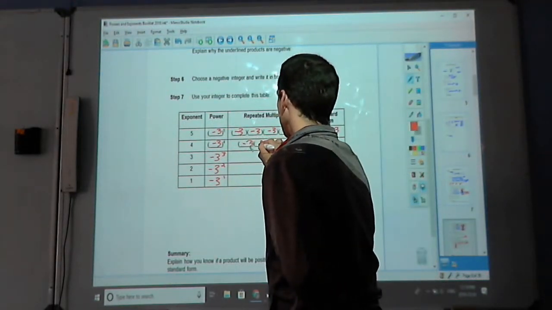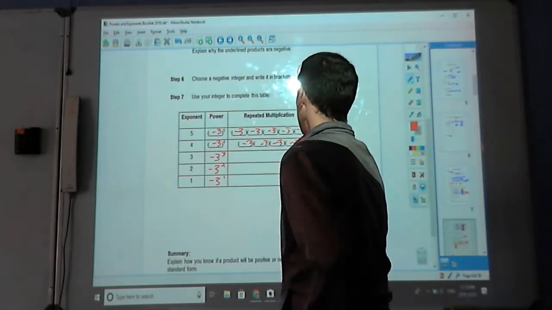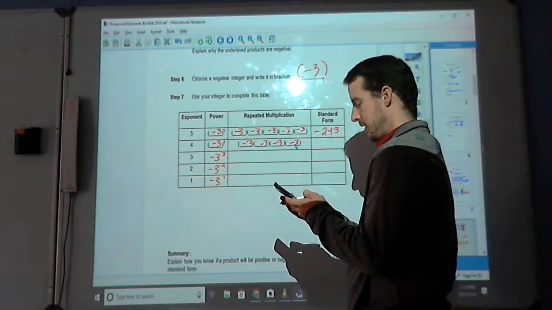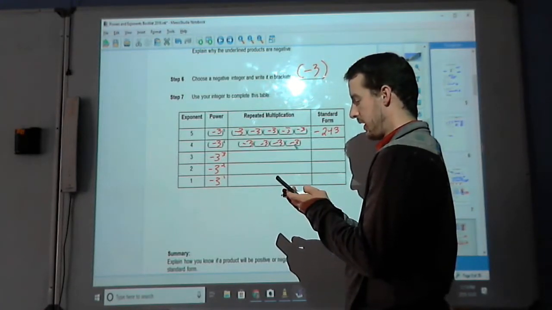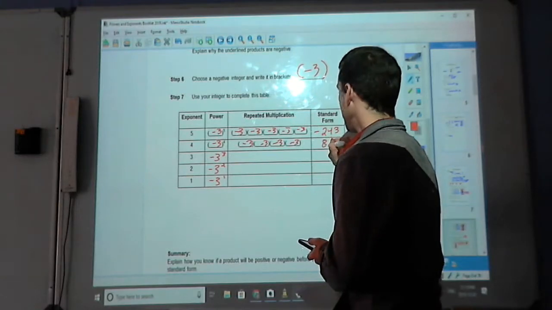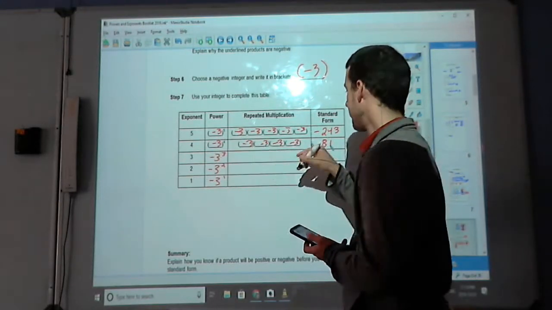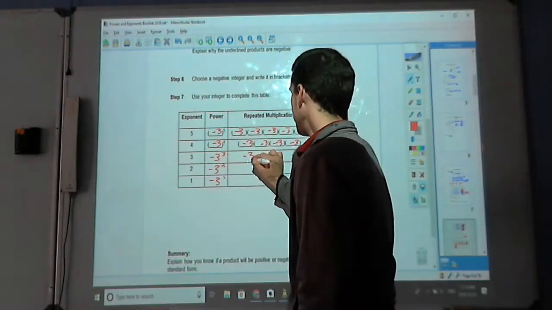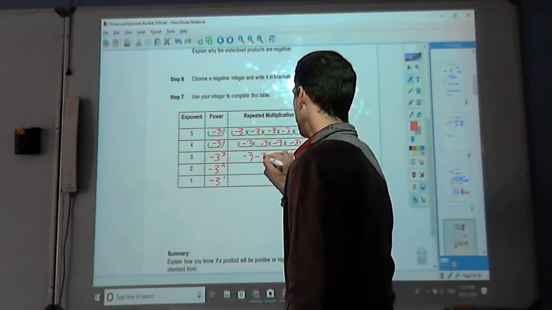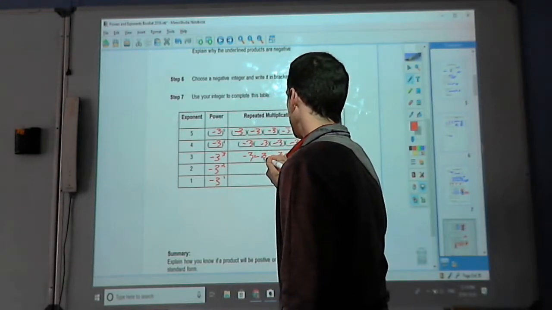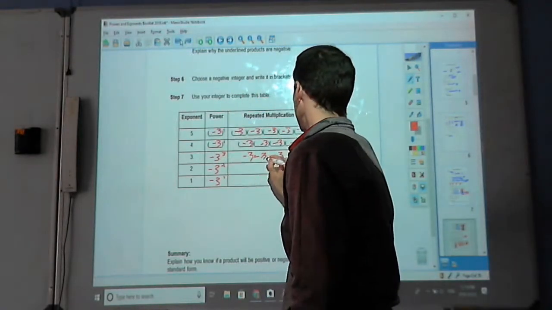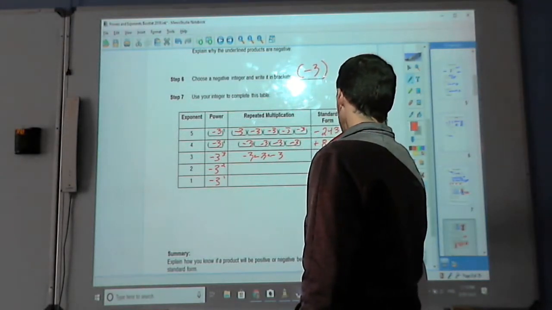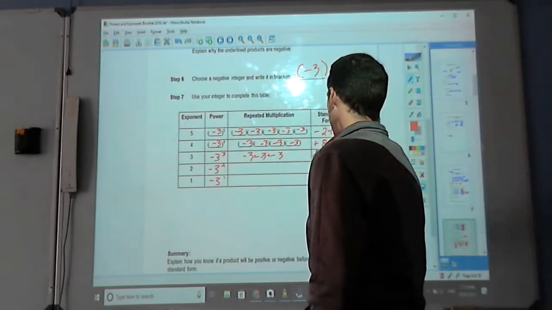Here we would have negative 3, negative 3, negative 3, negative 3. So 3 times 3 times 3 times 3 is equal to 81. And then we have 4 negatives, which is even, so we have a positive answer. Negative 3 times negative 3 times negative 3 gives us 27, and there's an odd number, so it is negative.